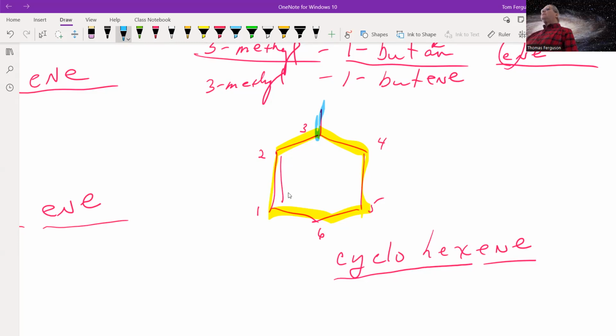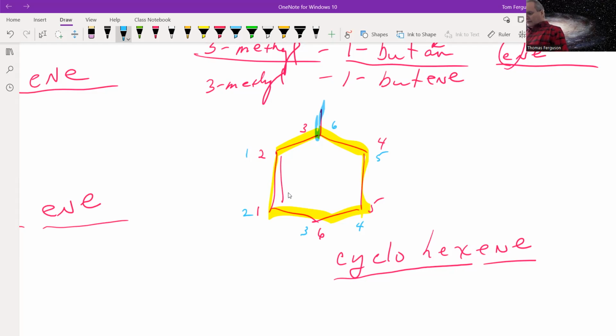Now we always number into the double bond, never away from it. So if we use the blue numbering, that branch is going to have a really high number. So because of that, we're going to use the red numbering.